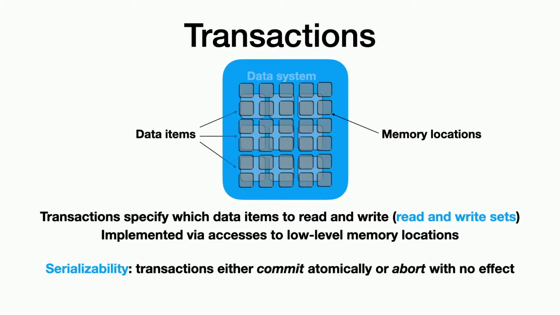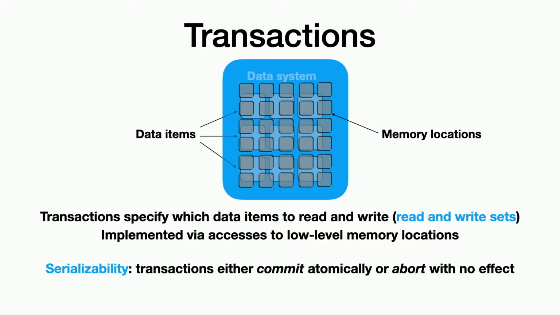Our goal is to guarantee serializability, which is the correctness guarantee that the transaction either commits atomically, as if no one else conflicted with it, or it can abort. As the transactional system, I can decide to say, I'm aborting your transaction because there were too many conflicts, so your transaction did not take place at all.